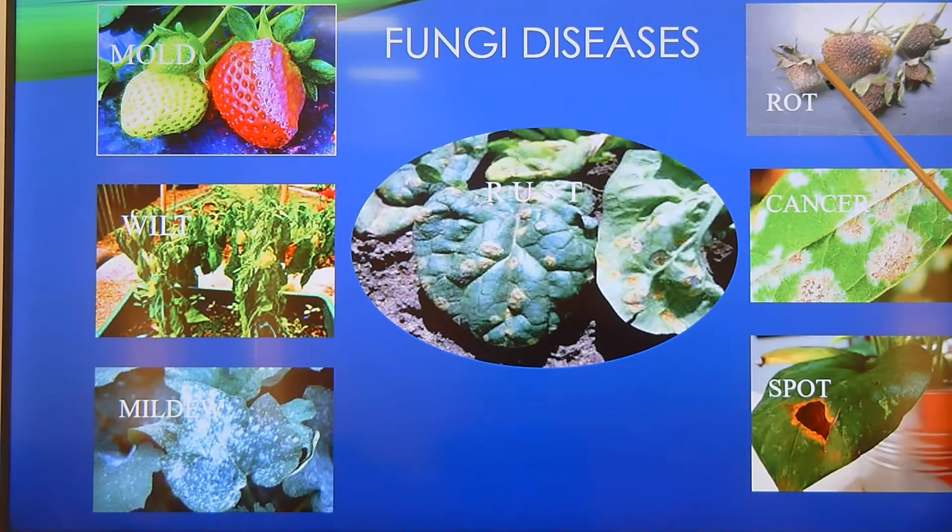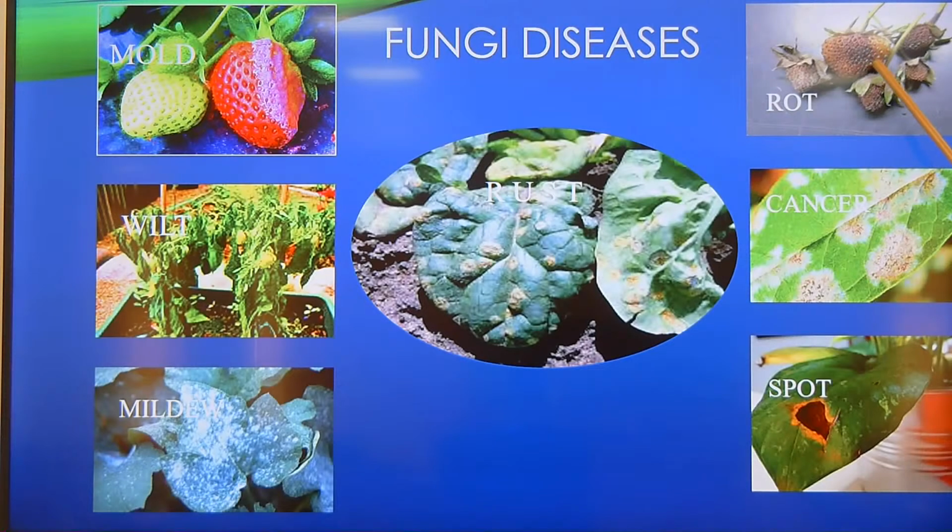You can see this picture, strawberry. We came to the strawberry picture again. Students, you have seen such strawberries in your field. In this case, the fruit will rot before ripening.